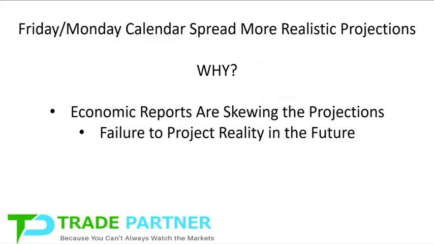So why are these calendar spreads more realistic projections as opposed to what they're projecting right now? Well, the reason is because the economic reports are skewing the projections right now, and the failure to project reality in the future. That's the issue, and mathematical models have a very difficult time doing that.